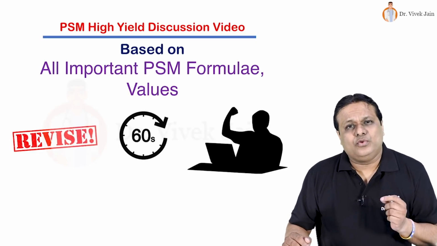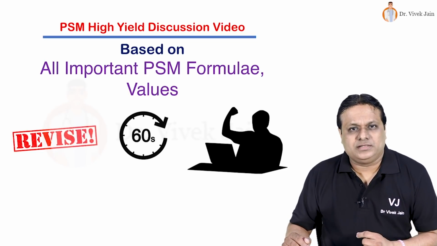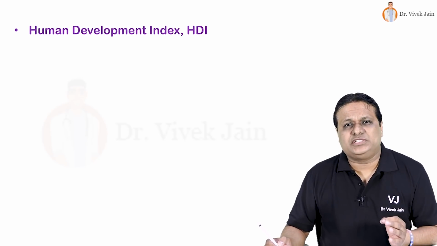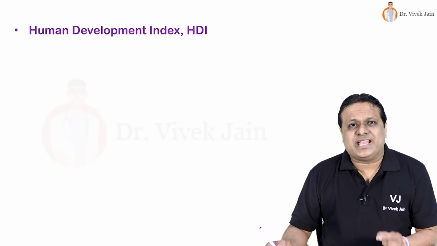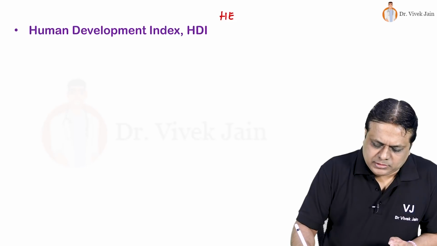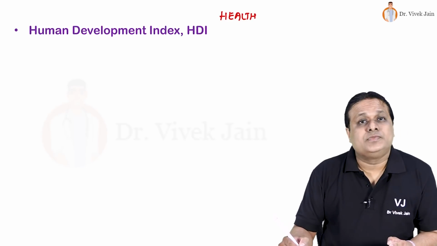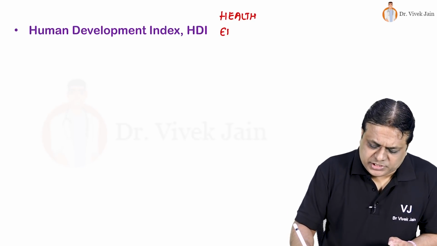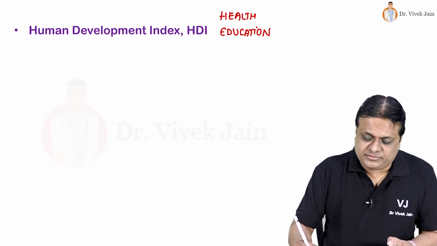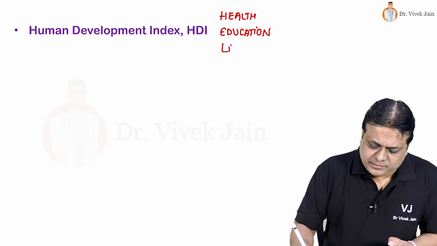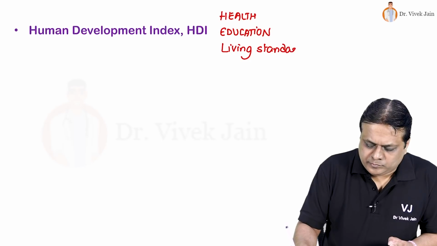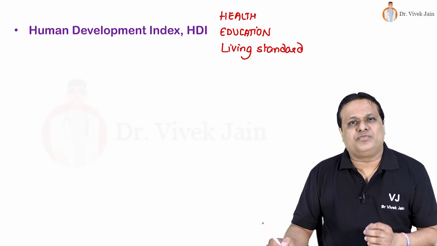We start with the first important parameter, Human Development Index, HDI, one of the parameters which is used to measure standard of living. This HDI calculation is based on three parameters. These are health, then we have education, and finally we have living standard or standard of living.